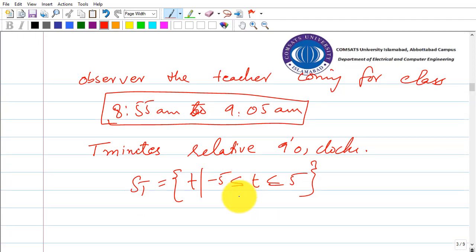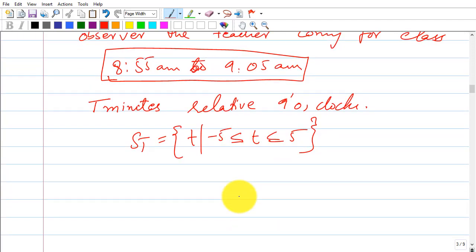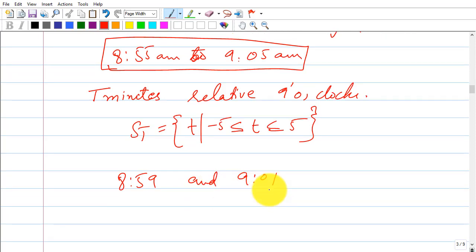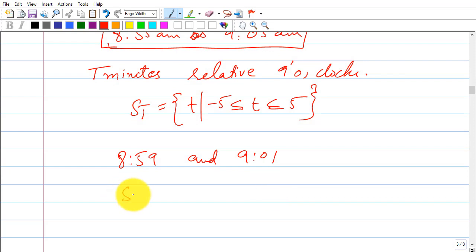But what happens if we narrow down this time, say if we say that the teacher arrives between 8:59 and 9:01? Now what is the range? S_T would simply be t relative to 9 o'clock, so t is less than 1 and greater than minus 1.